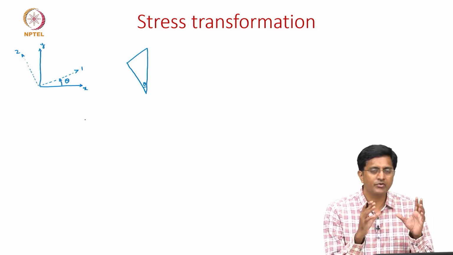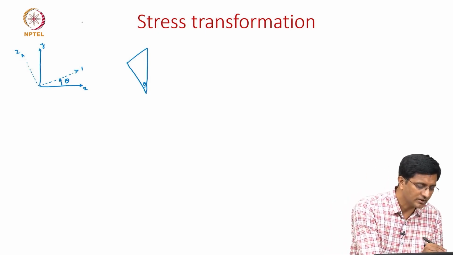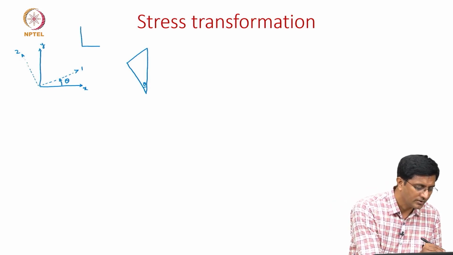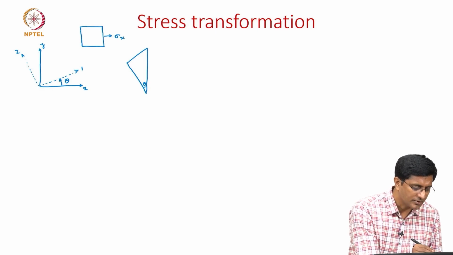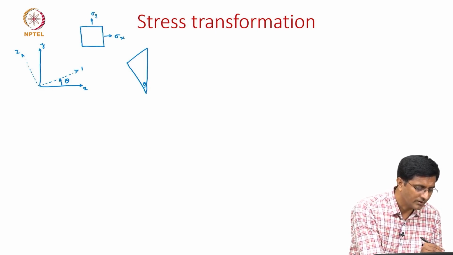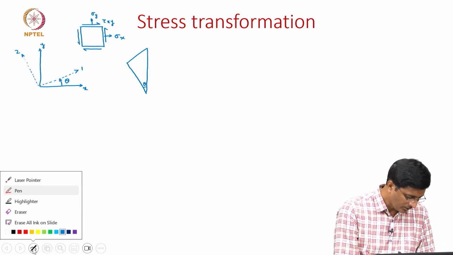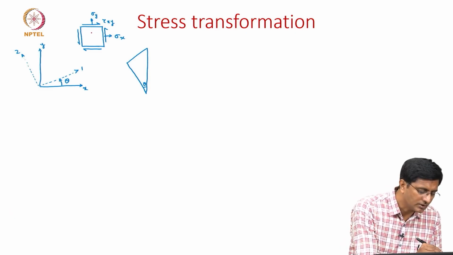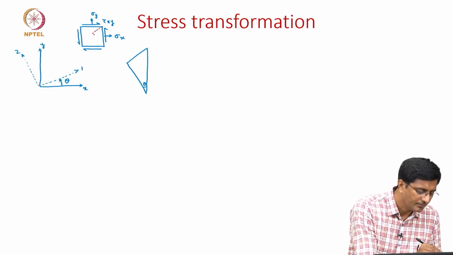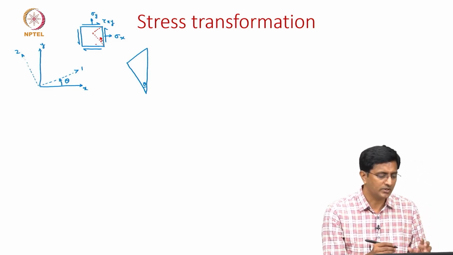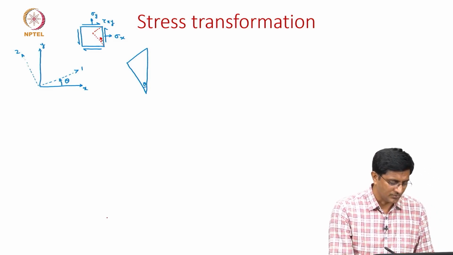This is the wedge we are getting from the infinitesimal element, which is acted upon by body stresses sigma x, sigma y and shear stresses tau x y. Now, what we are showing is, if we take a part of this infinitesimal element, this angle is theta such that it now aligns with the material coordinates as well.